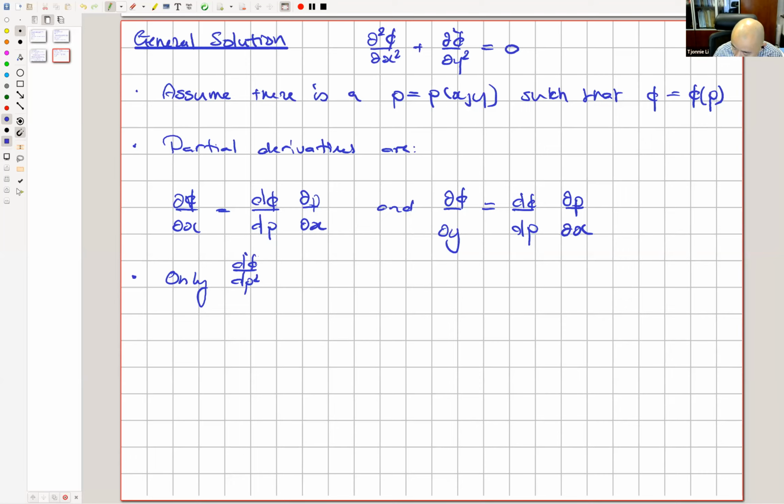On the left-hand side, where we have the second derivatives of phi, we ultimately only want d phi dp squared, and that's because the right-hand side is 0, and so all references to phi can be cancelled out.